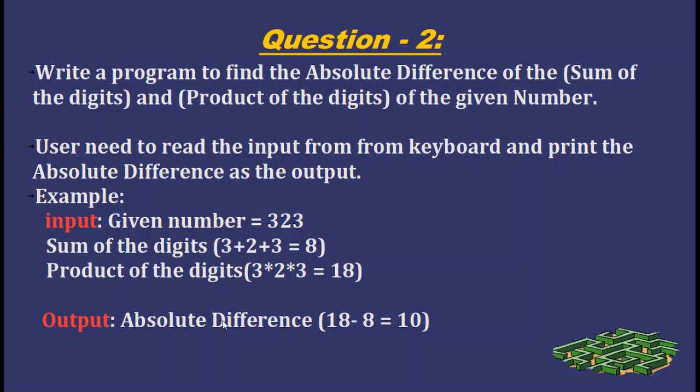If you are in Java, you have methods like Math.abs, which would convert your value to a positive number. Otherwise you need to check: if the product is greater than sum, then product minus sum, else if sum is greater than product, then sum minus product. So just think about the logic of how you would solve this problem.